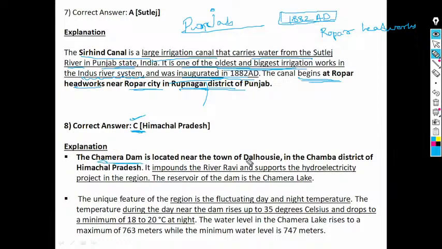Then the Chamera Dam is located near the town of Dalhousie, in the Chamba district of Himachal Pradesh. Chamba is also a hill station.